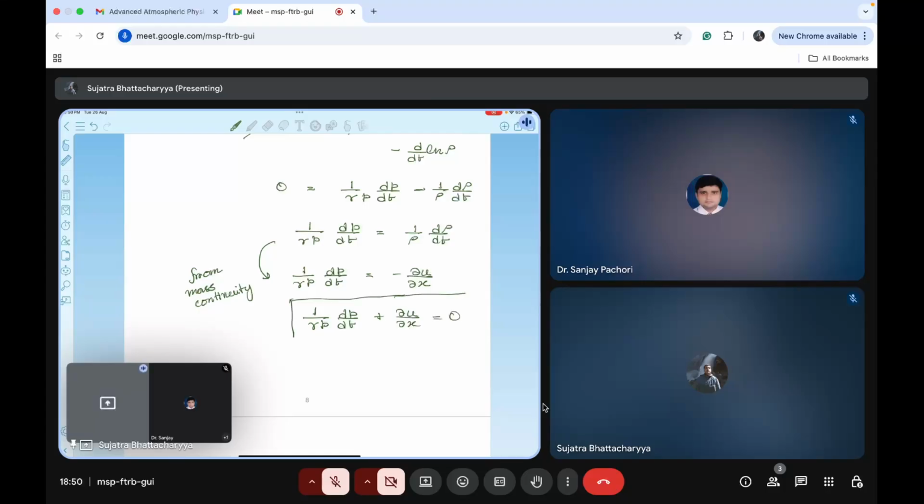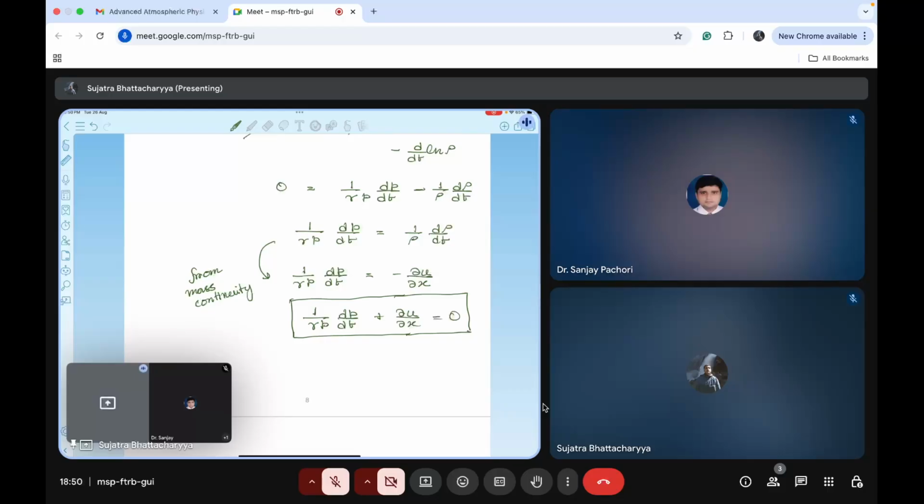So this is another equation we are getting. Based on mass conservation and thermodynamic energy conservation, we are getting one equation. The second equation is based on the motion of the air parcel, the zonal momentum equation. So these are the two equations which we will consider. Try to create a wave equation.